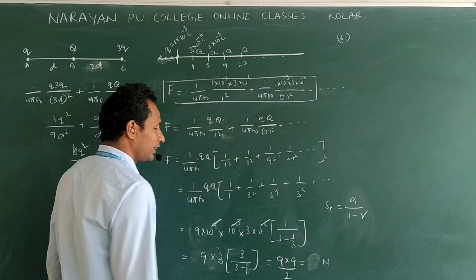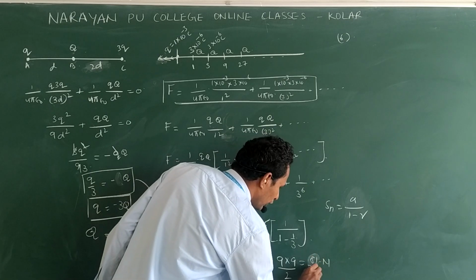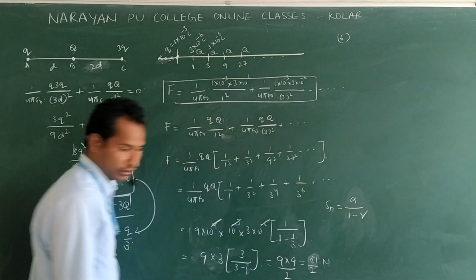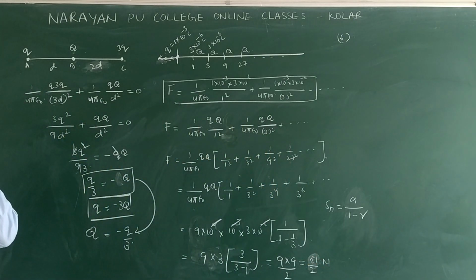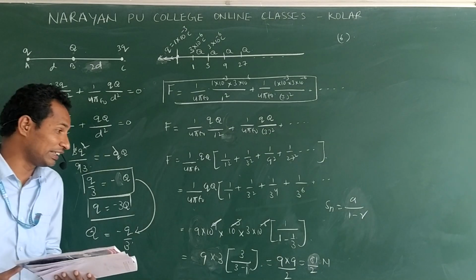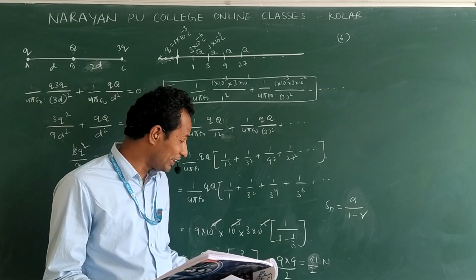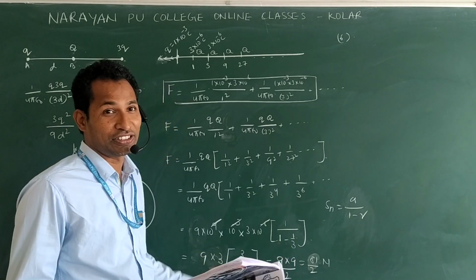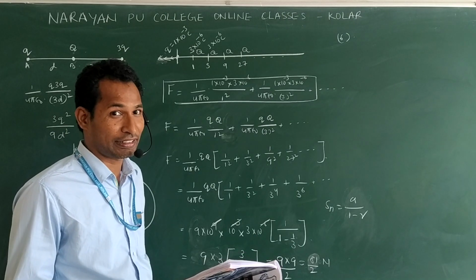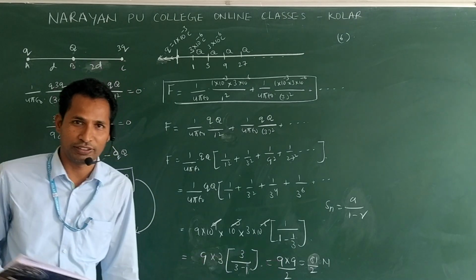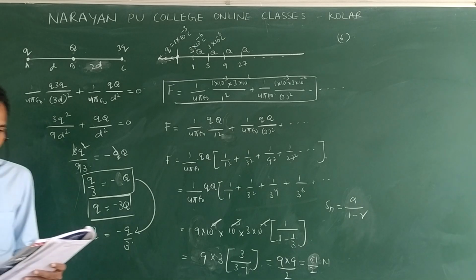So 9 into 9 is 81. 81 by 2 newtons. Now the given option is 2. 81 by 2. See here, very careful calculation. A wrong option is also there, 27 newtons. So clearly we need to do calculations carefully. So we need to avoid this kind of mistake. Clear? Next.